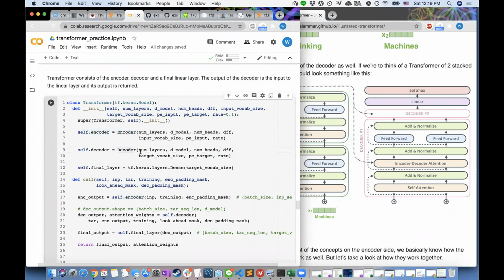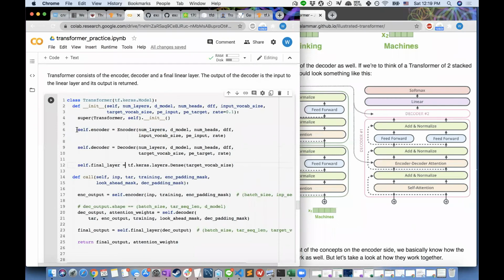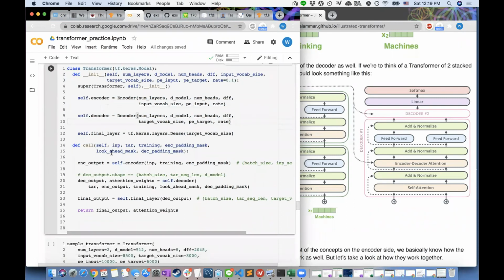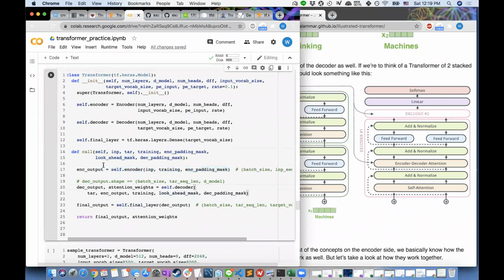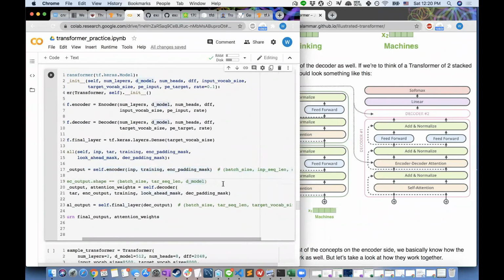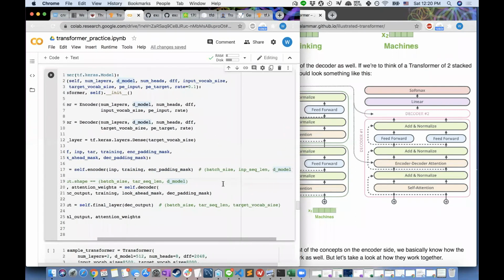And we have all the decoder layers in one decoder class, which is here. And then we pass these two into their own instance variables. And you have a final layer as a dense layer. You literally call the outputs: self.encoder with inputs, training, encoder padding mask.